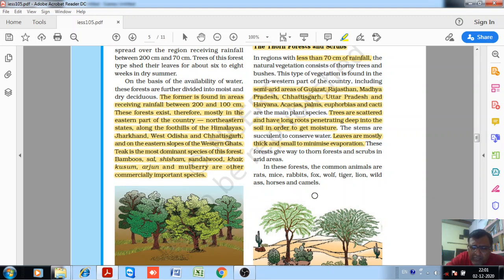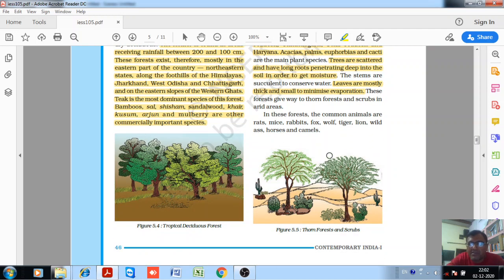In these forests, the common animals are rats, mice, rabbits, fox, wolf, tiger, lion, wild ass, horses and camels. You know, camels are called ships of the deserts because they can survive in hot, arid, dry conditions.